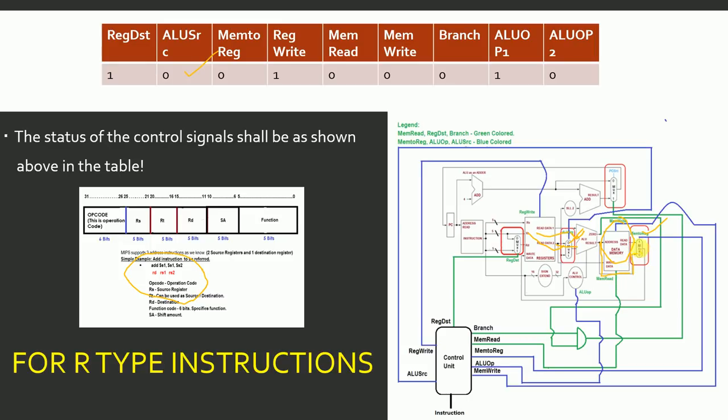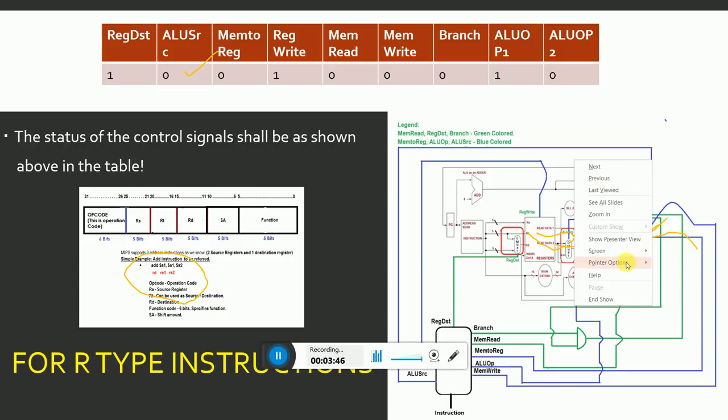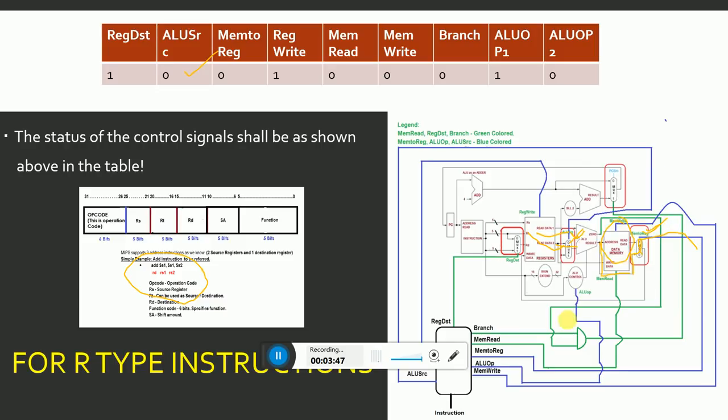So 0 is the way I am going, and that is the status of mem to reg: 0. Since my result is available here itself after the ALU has computed it, I will go via this 0 and I am getting connected. So the status of mem to reg is 0. I am not using the status 1. Let me clear the screen again so that you will have clear visibility. So mem to reg is 0.